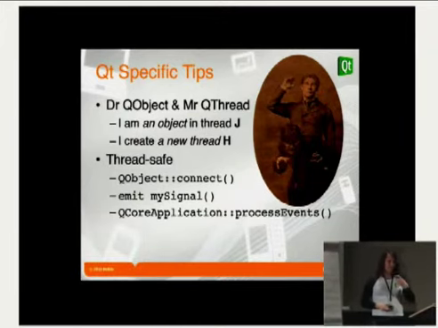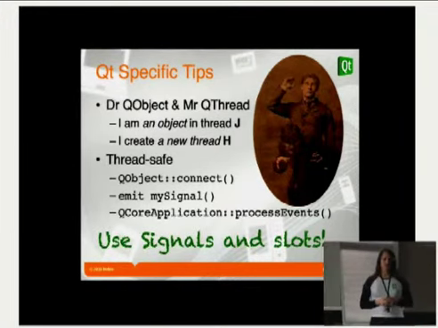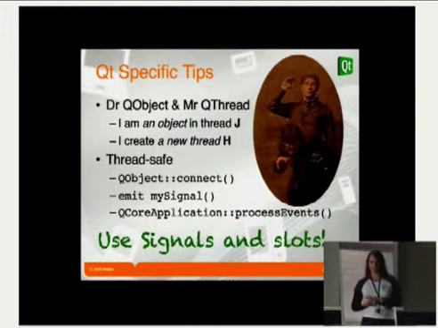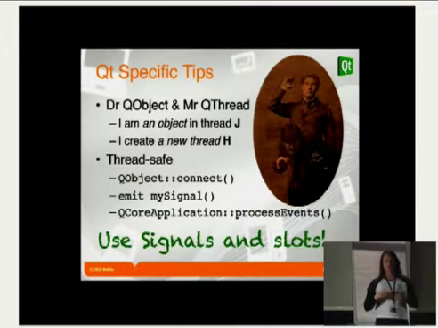So if you remember one thing about this, do use signals and slots in your threaded Qt applications. If anybody attended the training, there was an all-day training on this topic that I'm trying to deal with in a minute or two. Qt has its own structure for dispatching asynchronous signals, and this is one where it's to a slot in another thread.